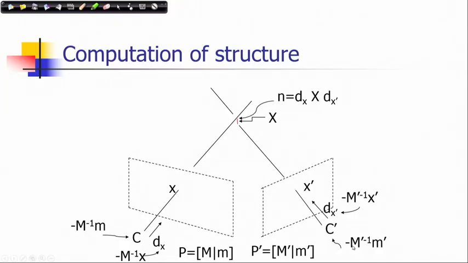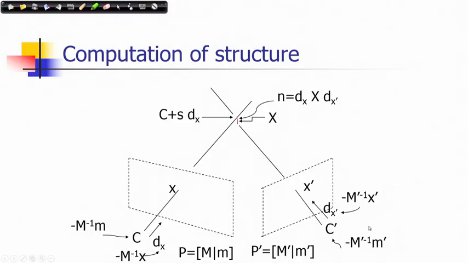One property of this perpendicular segment is that its direction cosine should be obtained by the cross product of dx and dx prime, because it is perpendicular to both. If I assume a point lying on the projection ray passing through the image point x and C as C plus s dx, s is a parametric representation of that straight line; any point can be represented as s varies.